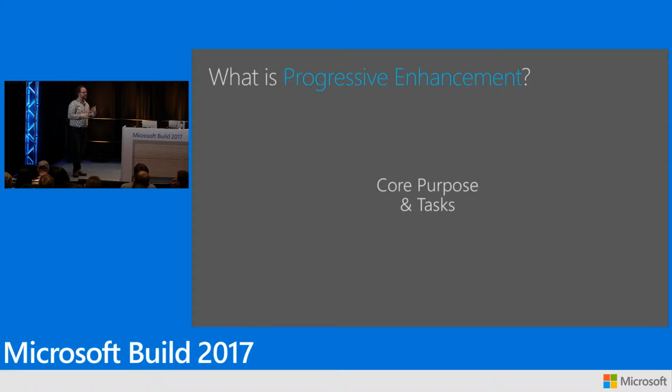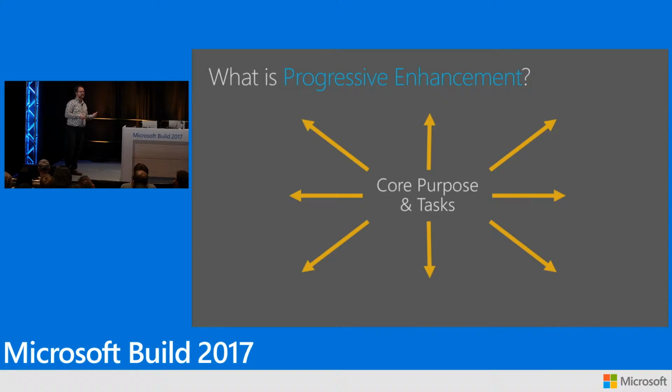We want to make sure that people can still check their bank balance or load up a movie on Netflix or something like that. It doesn't mean you can't create a better, more enhanced experience for somebody who has the capacity to take advantage of that. In fact, you should be looking to do that. We should be looking to create experiences that grow as our users are more capable of taking advantage of different opportunities.